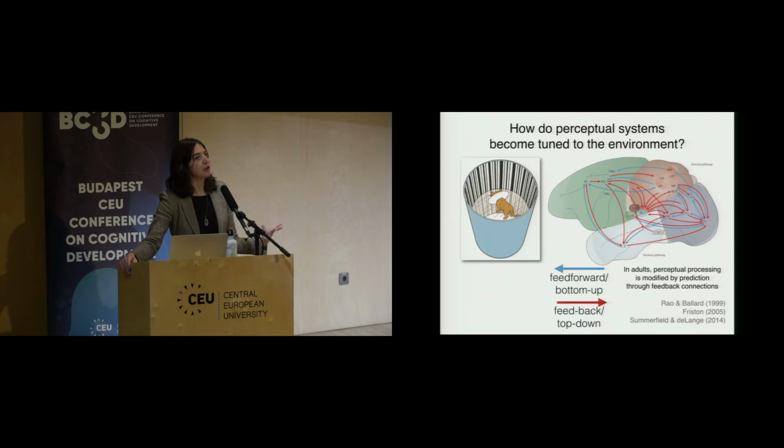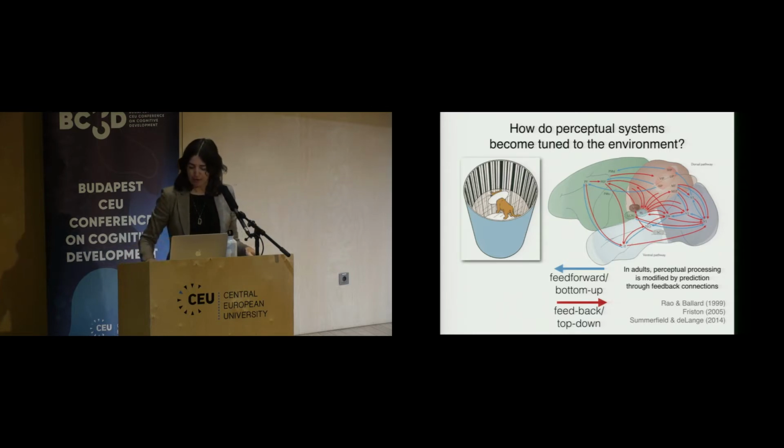And that literature over the last decade or so has really said that the infant brain is very disconnected. It doesn't have these long-range connections. And in fact, feed-forward connections develop first and feedback connections develop later. So from that literature, we really think that this type of influence from higher level systems onto lower level systems should not be possible in infancy.